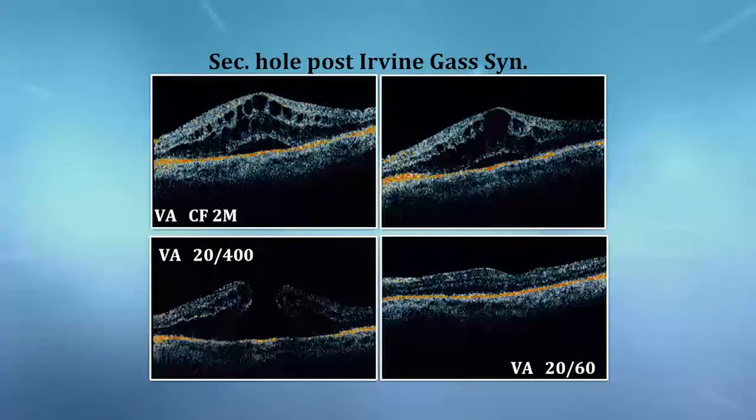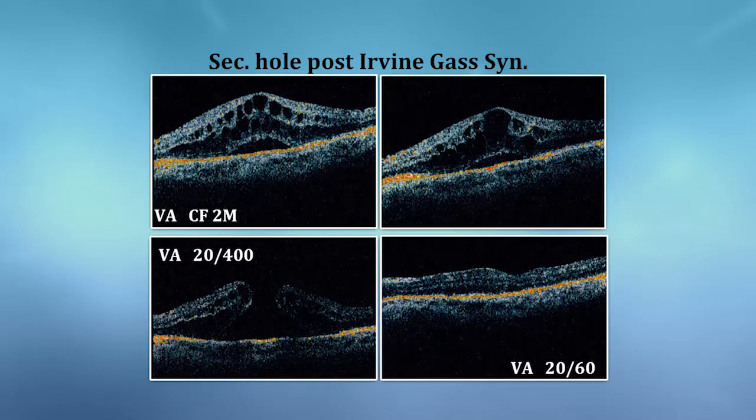Other cases are macular hole secondary to retinal disease, like here, Irvine-Gass syndrome. You can see here diffuse macular edema with cystoid edema after cataract extraction. The vision is counting fingers at 2 meters. Following the progression, we can see more collapse of the central cyst about to rupture, and it actually ruptured, leading to macular hole formation.